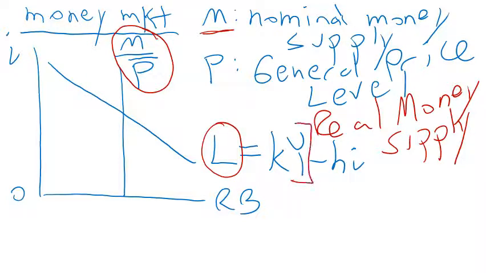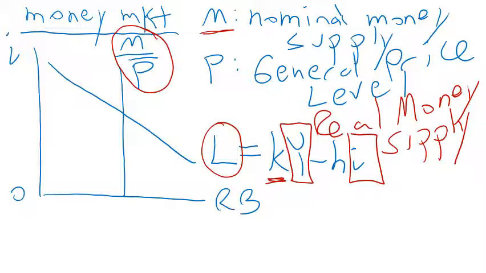Y, well, that should not be a surprise. Y is gross domestic product. And I, well, that's the interest rate. So what is K? Well, K is a coefficient which measures how sensitive money demand is to GDP changes.